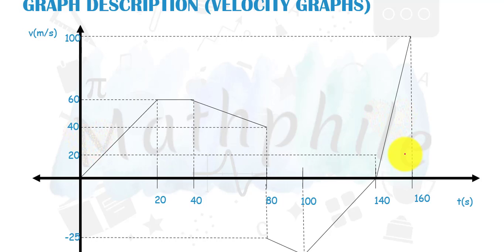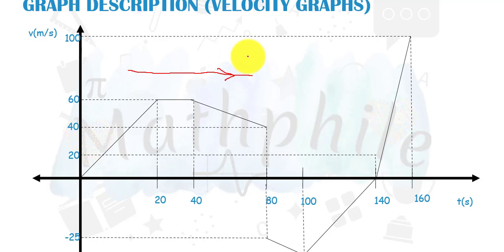At 80, it came to a rapid stop, momentarily at rest. At that moment it came to rest and changed direction, a swift change of direction. Let's say from this side to this side the particle was moving forward.